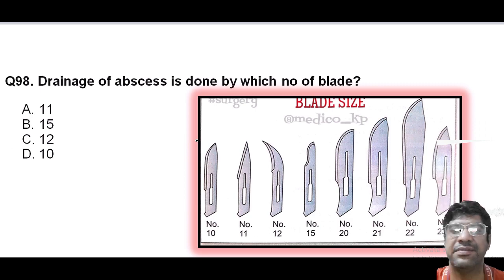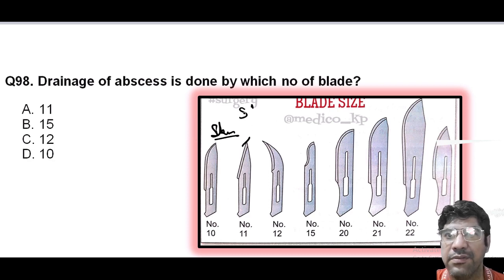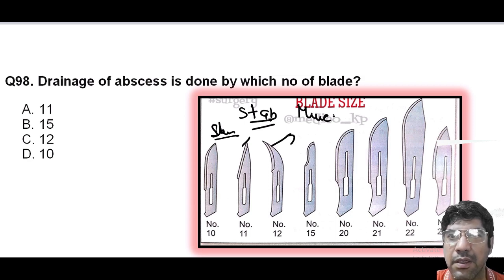Drainage of abscess is done by which number of blade? It's number 11. Number 10 is made for making skin incisions. Number 11 is made for stab incisions. Number 12 is used for mucogingival surgeries.